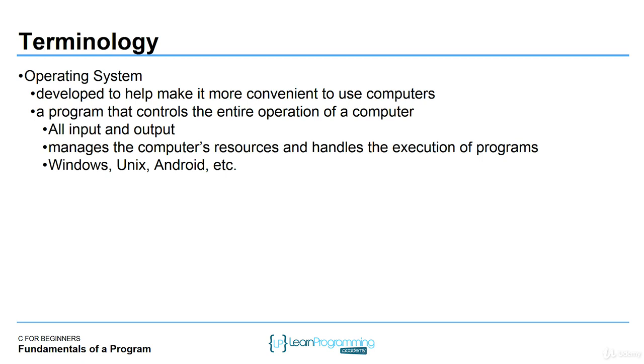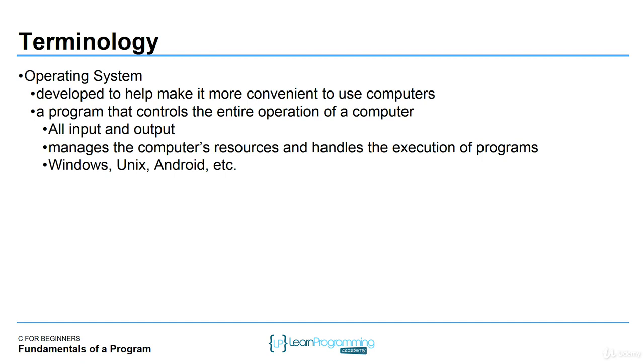It controls all the operation of the computer, handles all the input and output via hardware, so it understands how to interact with a keyboard, a mouse, a monitor. It also manages the computer's resources, handles execution of different applications. An operating system is a completely separate class. There's a lot that goes into an operating system, but understand the basics of it. It's just allowing you to use your computer in an easier manner.